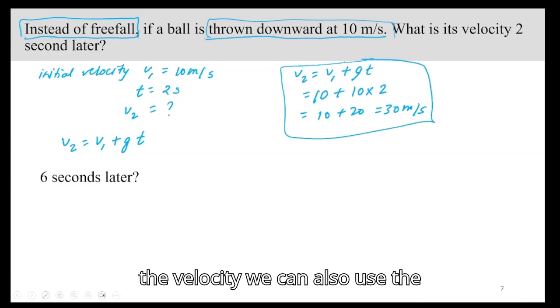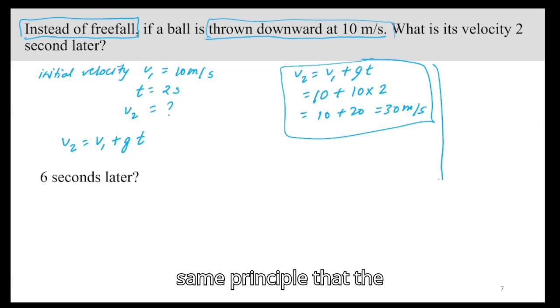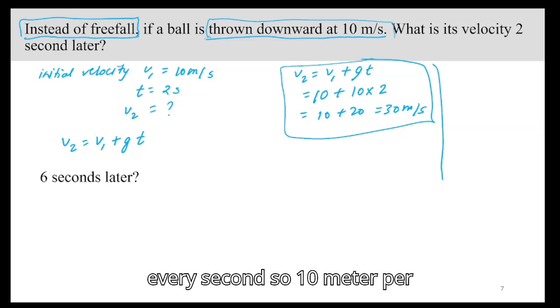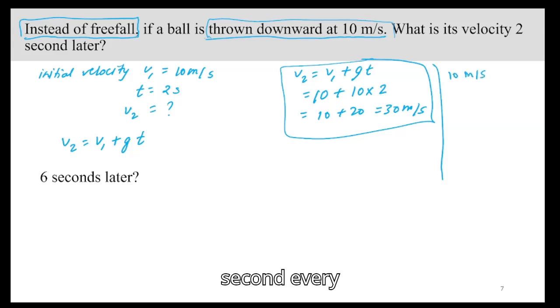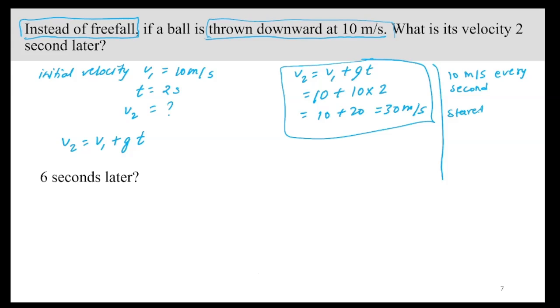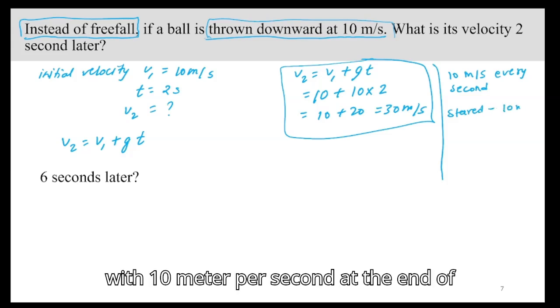We could also use the same principle that the object falling under gravity will gain a velocity of 10 meter per second every second. So it started with 10 meter per second.